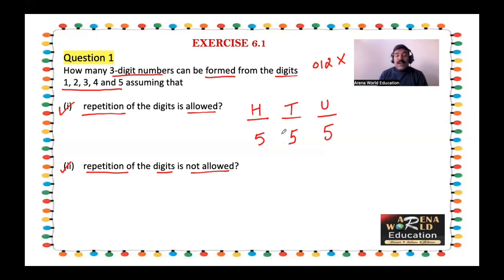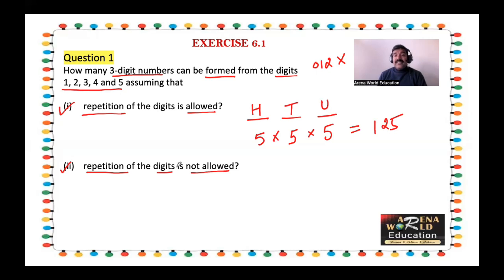Now you know the principle of multiplication: if each place can be filled in five ways, together it can be done in 125 ways.